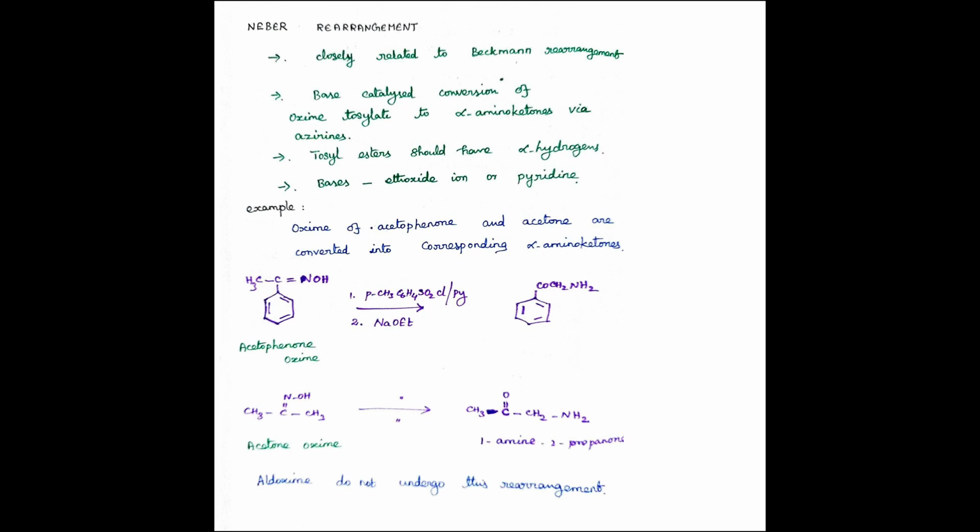See the reaction: acetophenone oxime reacts with tosyl group in the presence of base. We are using sodium ethoxide. It gives the corresponding alpha amino ketone. Similarly, acetone oxime is also converted into 1-amino-2-propanone. An aldoxime will not undergo this rearrangement because it does not have an alpha hydrogen.